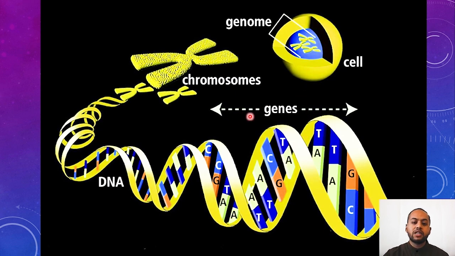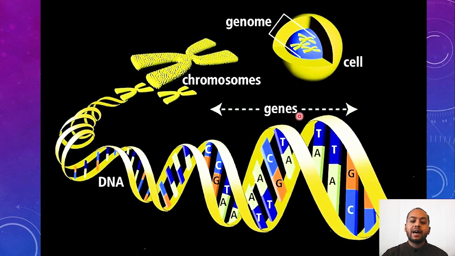Just to go back to what we mentioned earlier on, we see that on the chromosome, we are going to have our DNA. Here you can see the DNA double helix structure. If I take one short segment of DNA found on the chromosome that's going to code for a specific characteristic, then that is referred to as a gene.